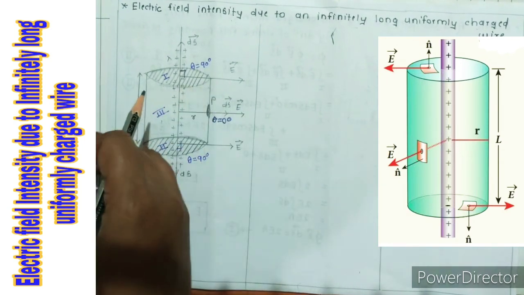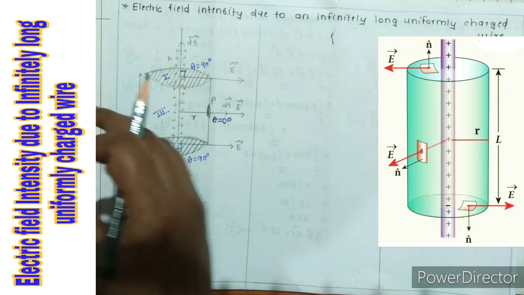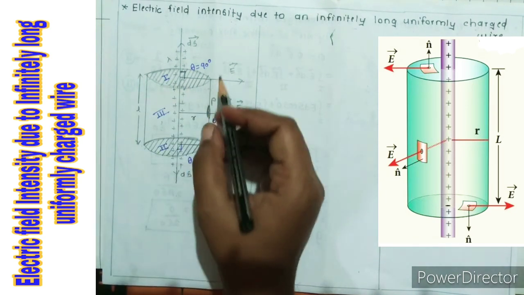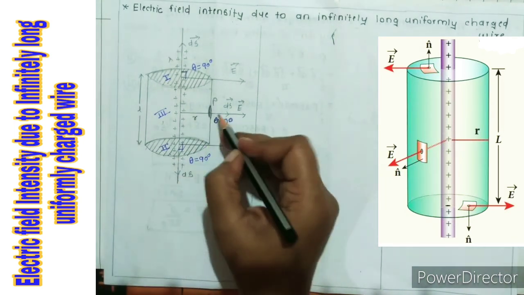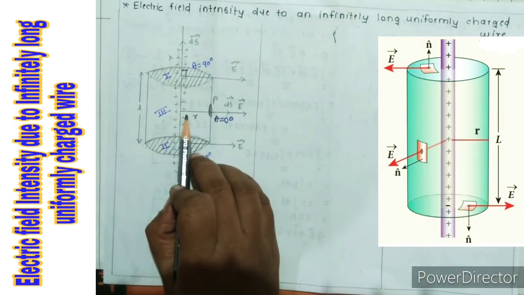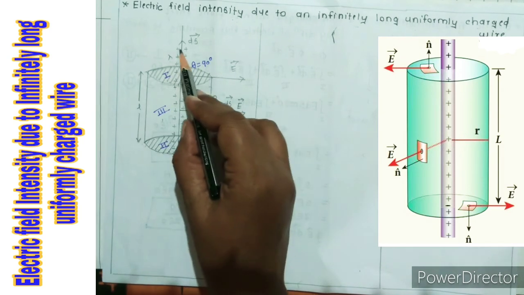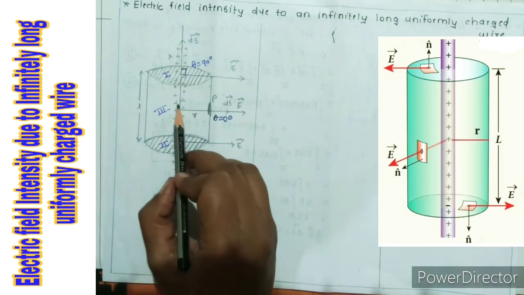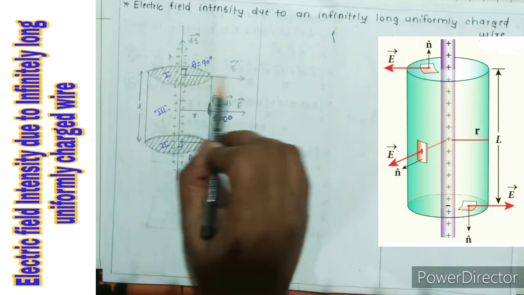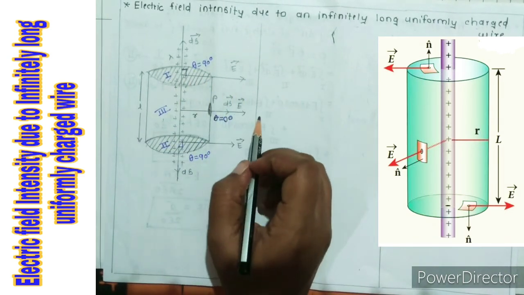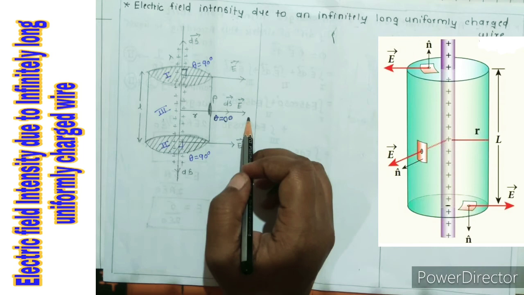If I consider a small area ds at point P on the Gaussian surface, like this, the direction, now we consider the plus q charge, so the direction of the electric field will obviously be radially outwards. And what about its magnitude?